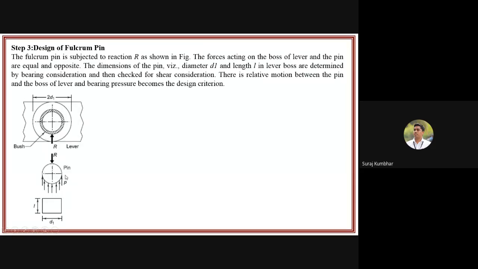Here is the pin and here is the boss; you can see the bushing also. They are opposite in direction. The forces acting on the boss and the pin, R and the effort acting on that pin, are equal and opposite.